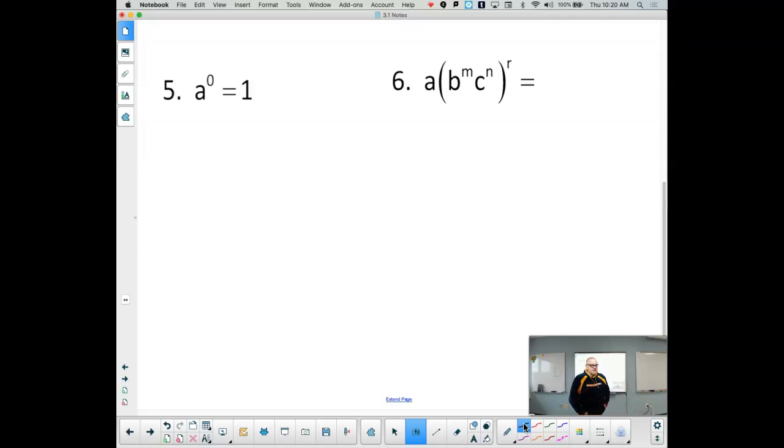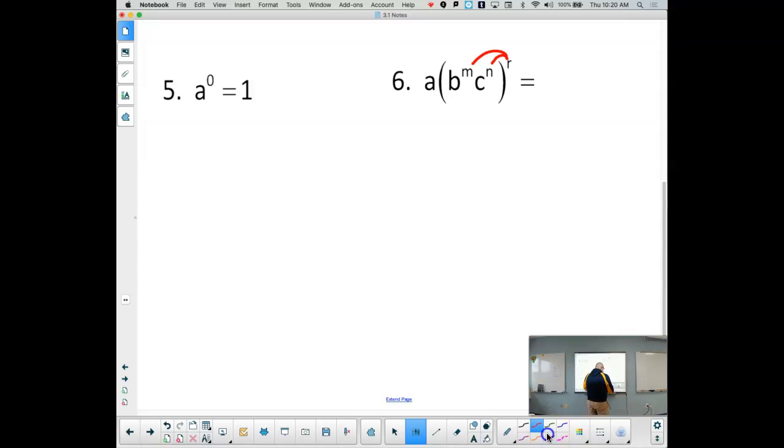The second thing that this one is showing us is kind of an extension of the second property that we had on this slide, the power to a power property, in that we basically distribute that exponent into all of the exponents that it is controlling. So in this case, it would go into both.